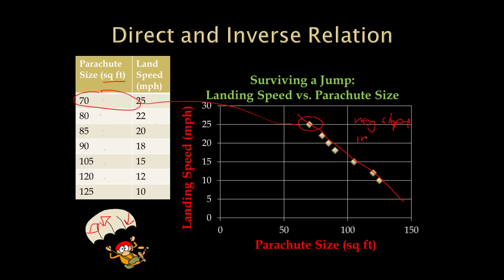So I have an inverse relationship. As you collect data and you plot it, that'll be something to keep in mind. If A goes up, in this case, I'm going to call parachute size A and landing speed my variable B, you can see that as A went up, B went down.